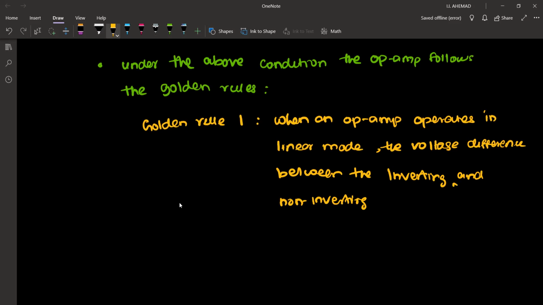Inverting means the negative terminal and non-inverting means the positive terminal.